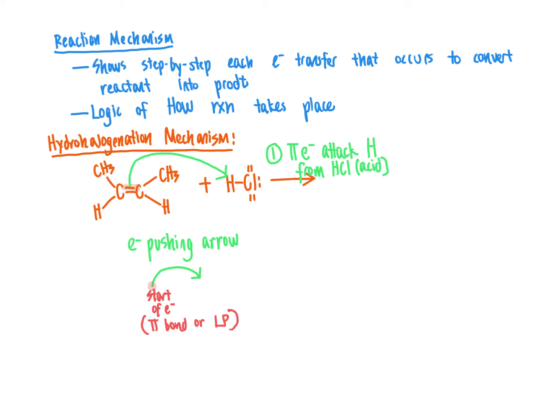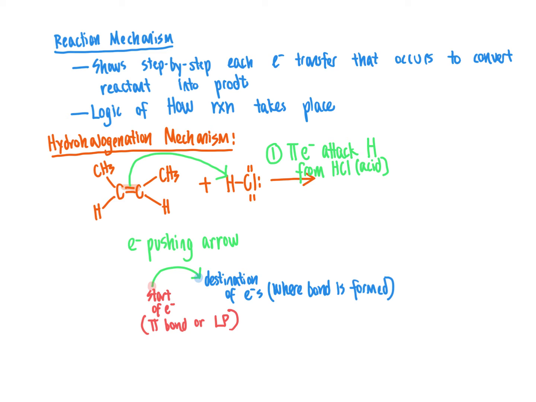And then the finishing point, the arrowhead located right here, indicates the destination of those electrons. And the destination of those electrons will indicate where a bond is being formed. So the arrowhead indicates, in this case, where the covalent bond is being formed.